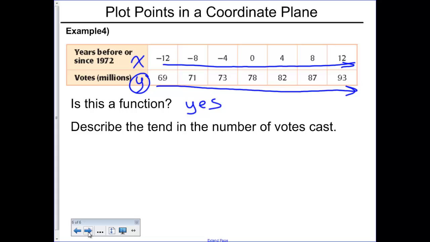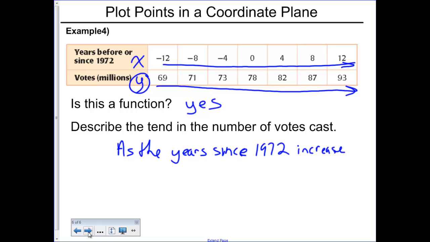Well, it appears that they are getting higher also, so the trend would be as the years since 1972 increase, the number of votes cast also increase.